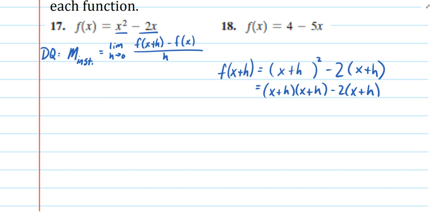Now you may take the time to expand it like I've shown here, or you might just jump to the FOILed result. After you do this a bunch of times, you'll see that this is pretty common. We're going to end up with x squared plus 2xh's, or hx, depending on how you label that term, plus another h squared. And then after we distribute in this last term, we're left with a minus 2x minus 2h.